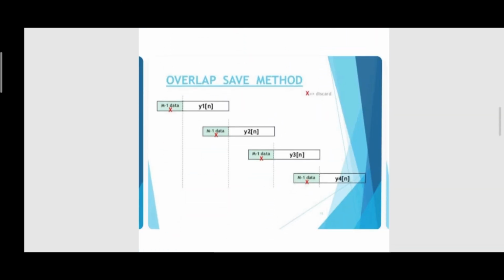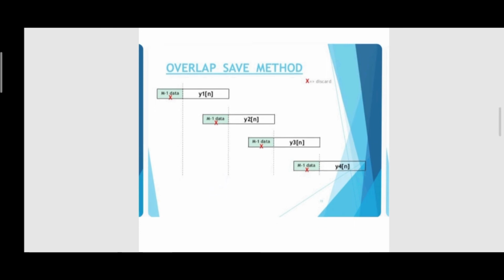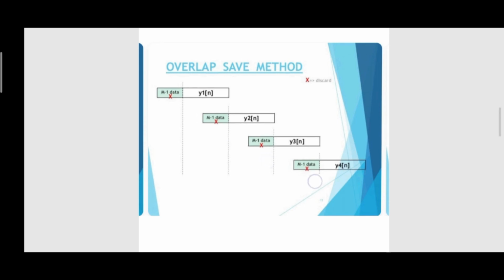So this is the structure of the overlap save method. In this we have to pad M minus 1 number of data, and in the last step, we have to discard M minus 1 number of data.